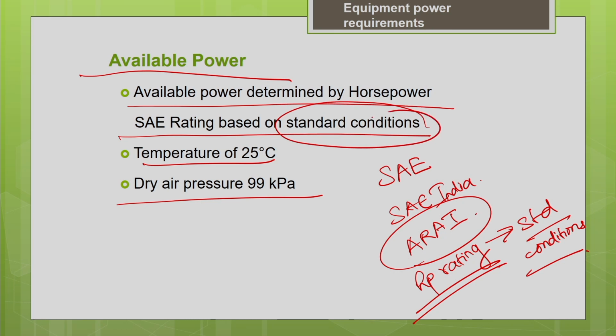But when your project conditions deviate from the standard conditions, obviously the efficiency of the machine is going to be lesser, mostly. It will be different. Say for example, if my project site is at a very high altitude, my equipment is at a high altitude, the atmospheric pressure will be lesser there.